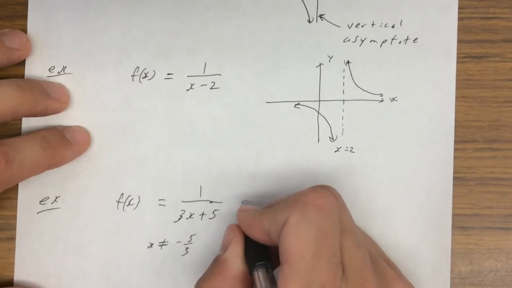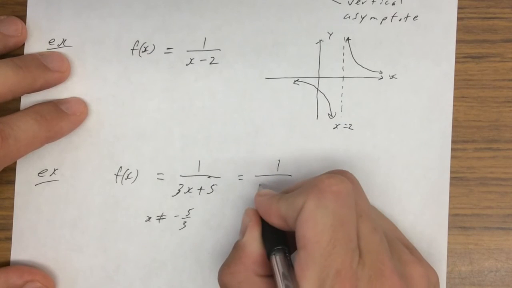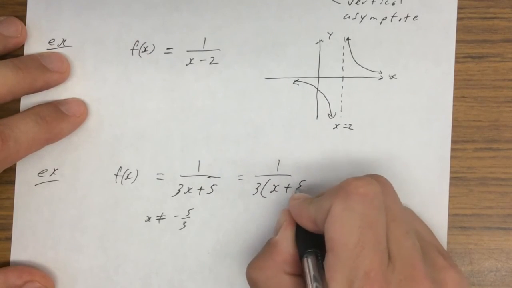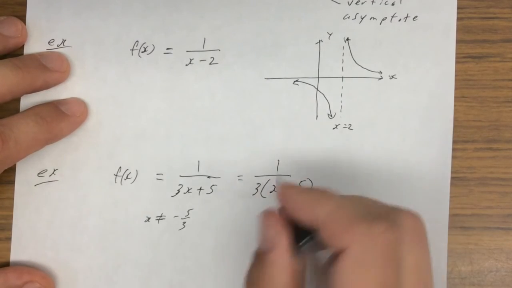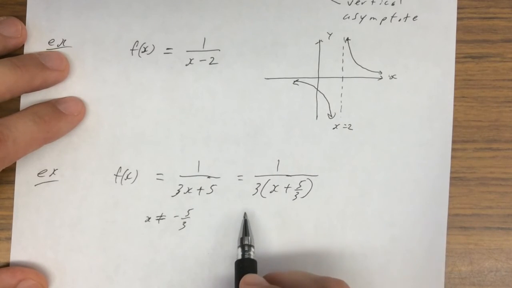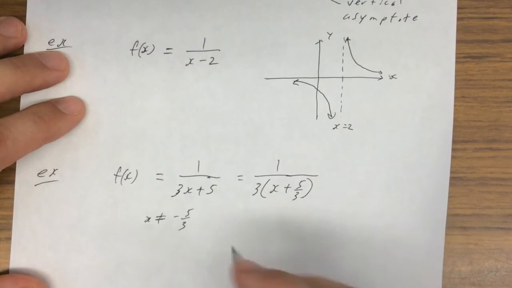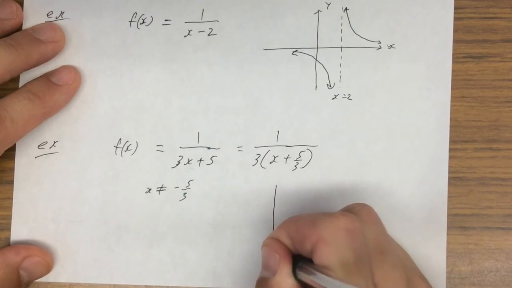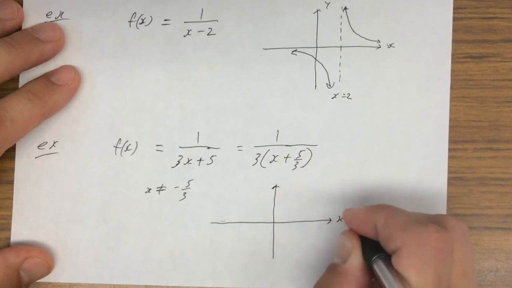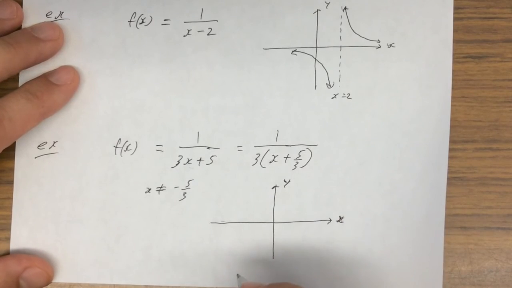You can also write this function as 1 over 3 times (x plus 5 over 3). So you could factor a 3 out of the whole thing on the bottom. Then that becomes a stretch factor, and that becomes a translation to the left, 5 over 3. So basically, for our purposes, labeling the axes all the time is like punctuating sentences.